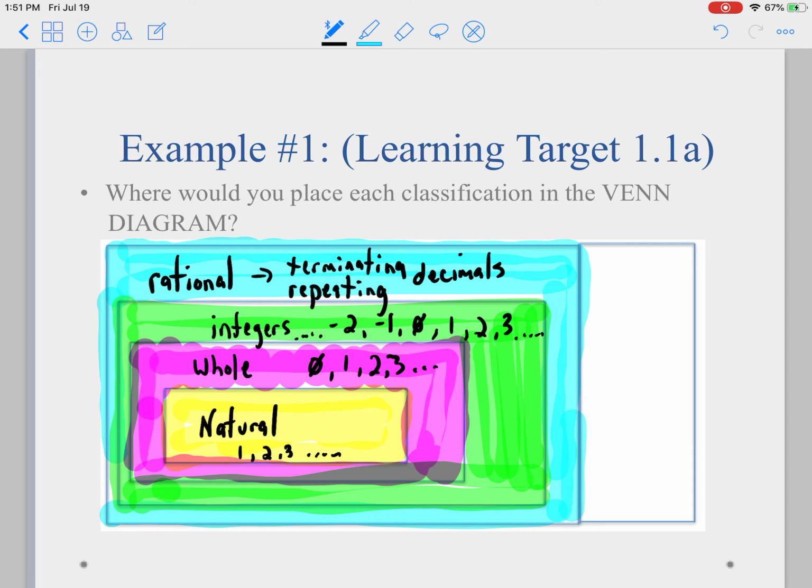So all of our natural, whole, integer, as well as terminating and repeating decimals. And just to avoid confusion, I will also write repeating decimals.